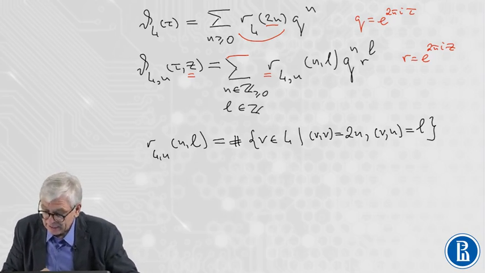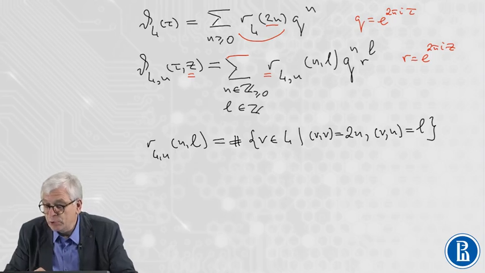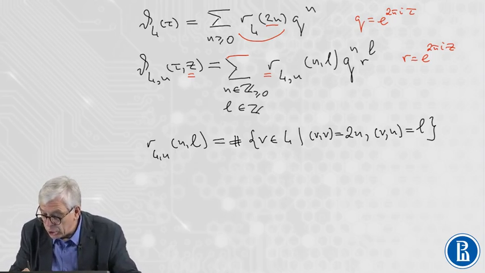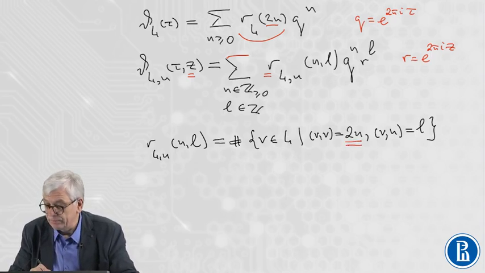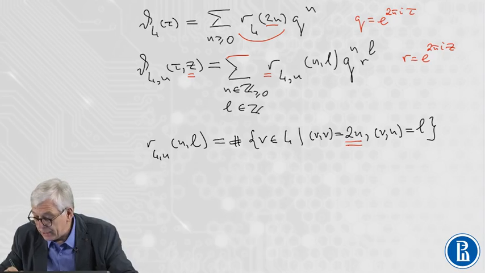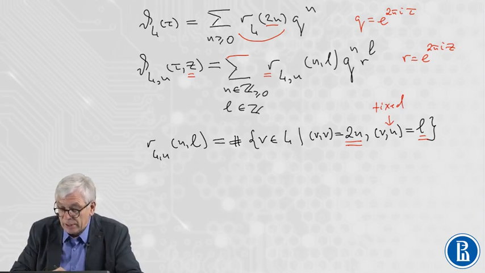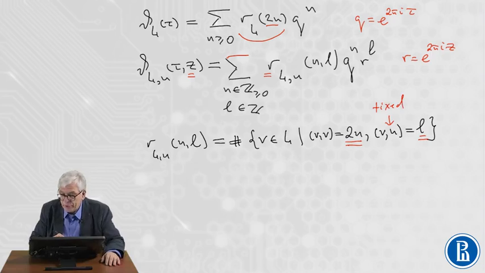So we analyze a distribution of the vectors with fixed norm and a fixed scalar product with the fixed vector u. So what function do we get here? Why is this function, for example, interesting?